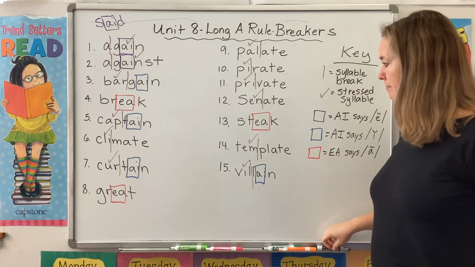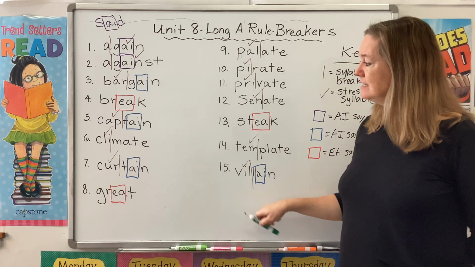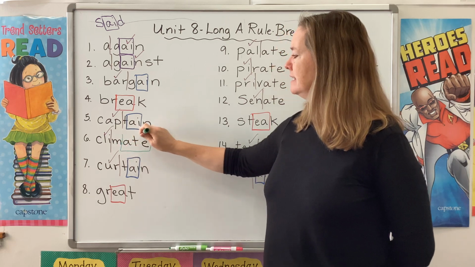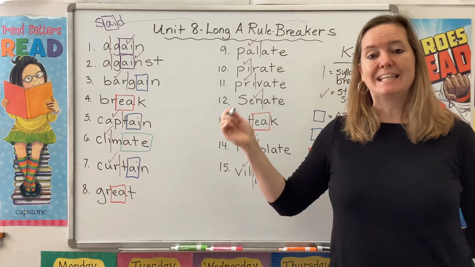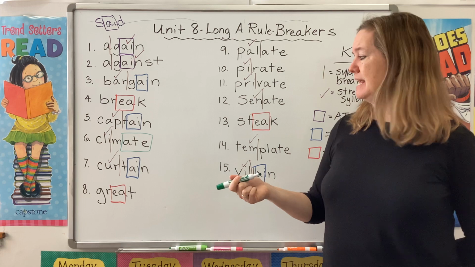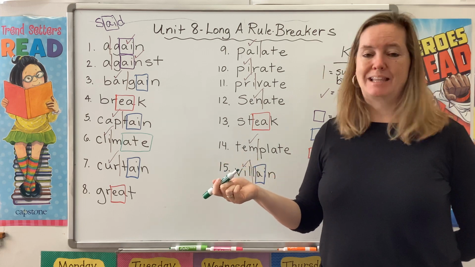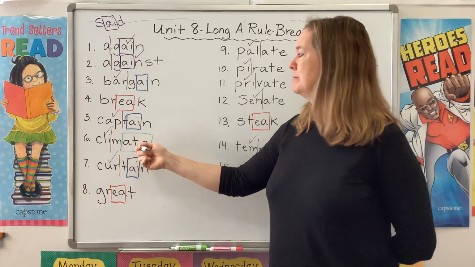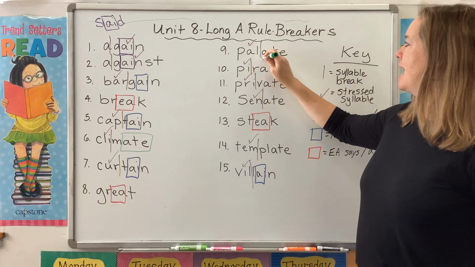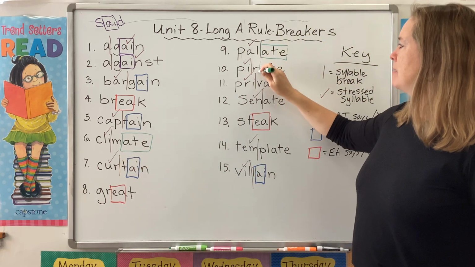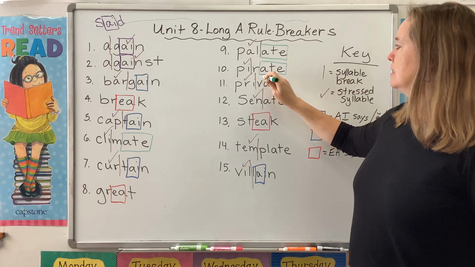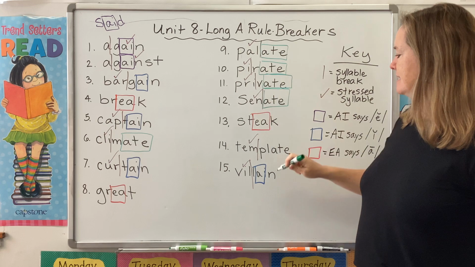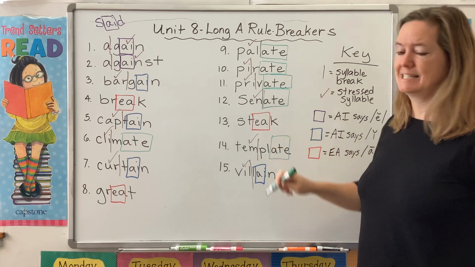Okay? All right, and then our last pattern, over here we have this A consonant E. You would think that the E would make the A say its name and it would say "ate," but that's not the case. It says "it": climate, pirate, private, senate, and template.